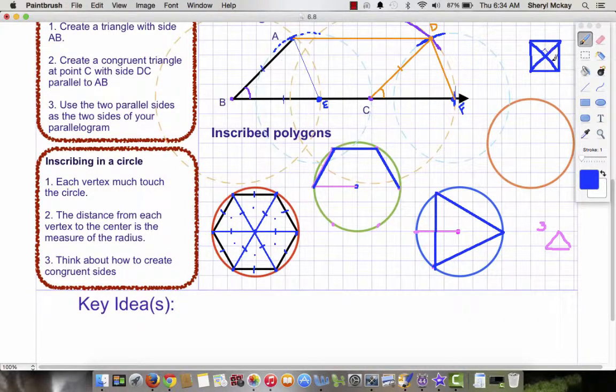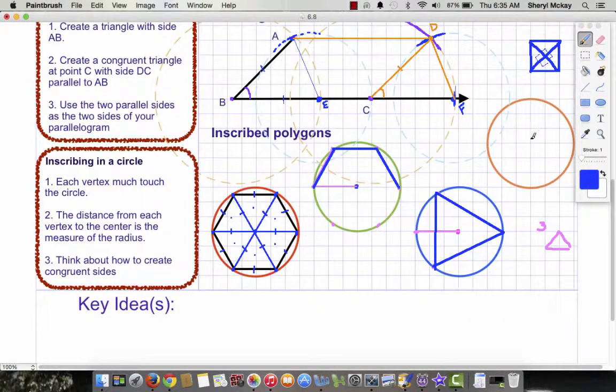They make right angles. So what if we used what we learned last time about creating a perpendicular bisector, and using our compass and our straight edge, we created the diagonals and then connected the diagonals to inscribe our square.